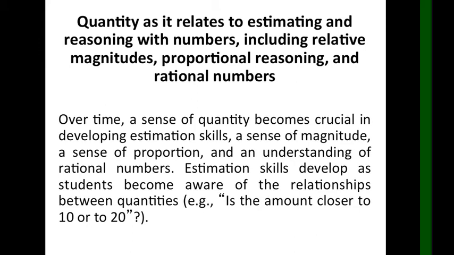Understanding the consistent relationship between quantities, for example, doubling a recipe, sets the stage for proportional reasoning, and dividing quantities into parts of a whole provides a concrete introduction to rational numbers.